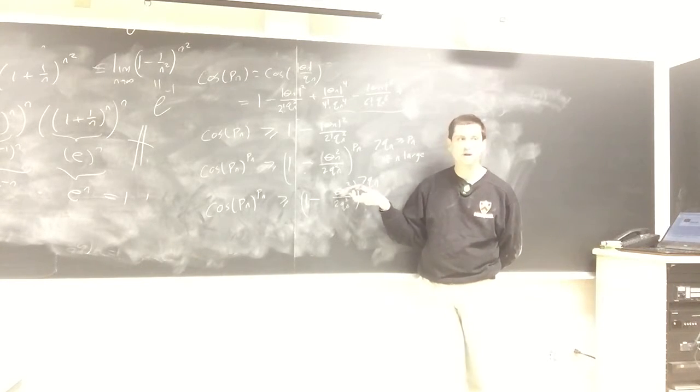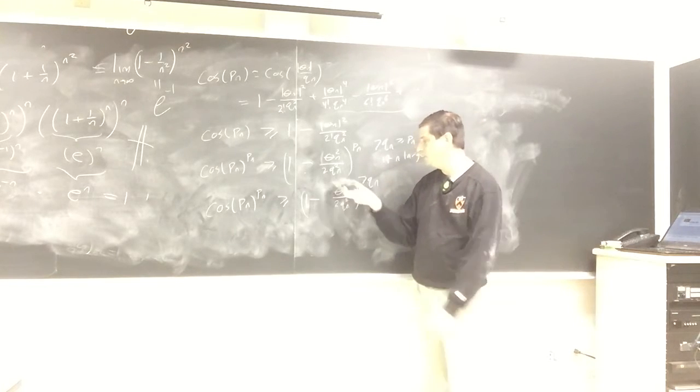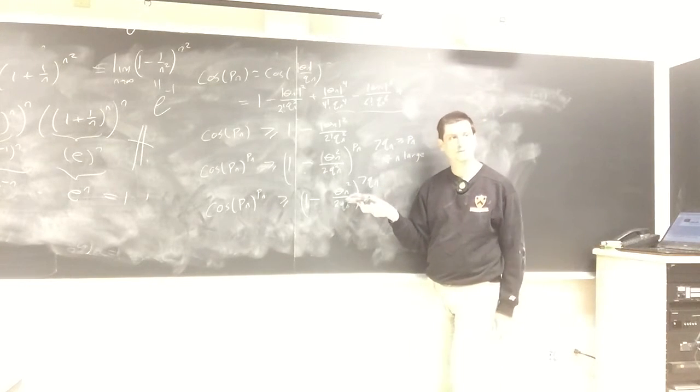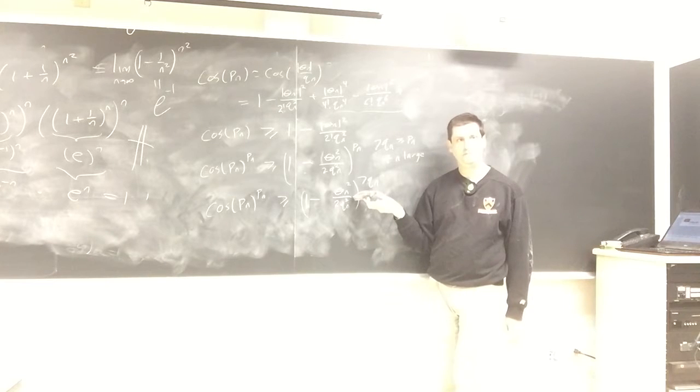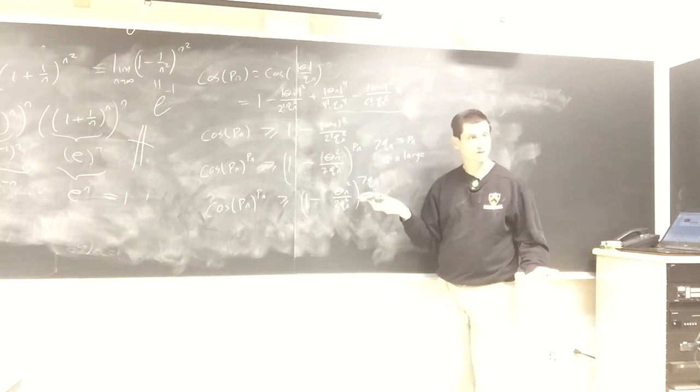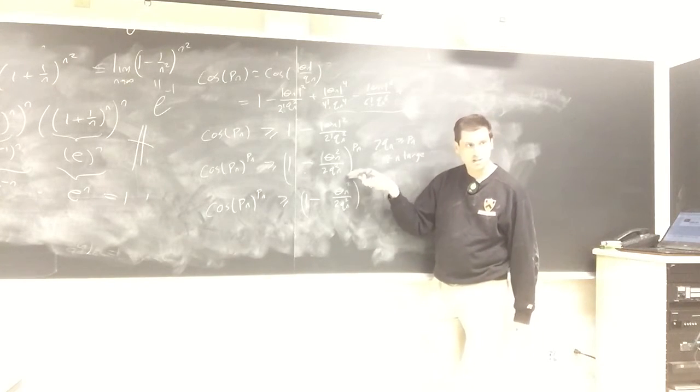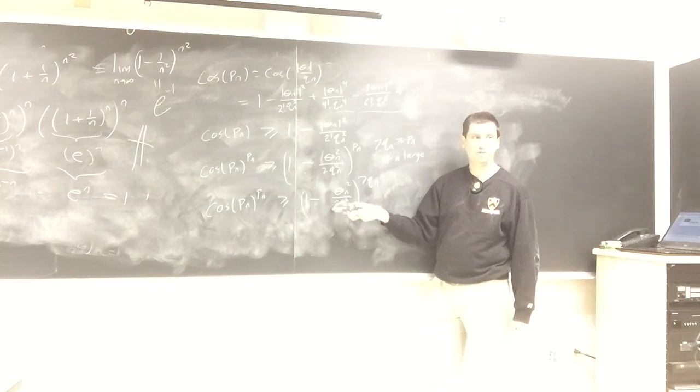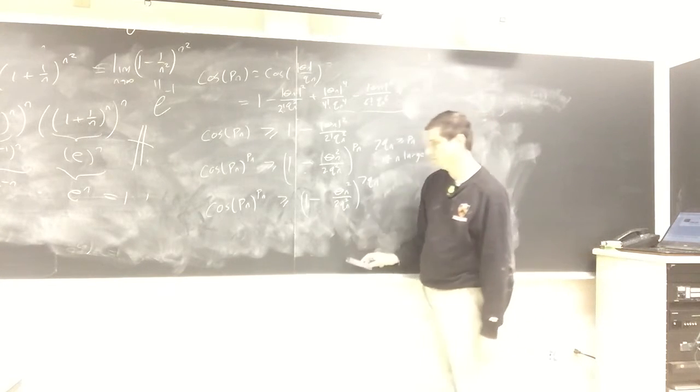Which value of theta n will make this expression as small as possible? One, right? As theta n gets larger and larger, this expression gets smaller and smaller. So the worst case for us is when theta n equals 1.